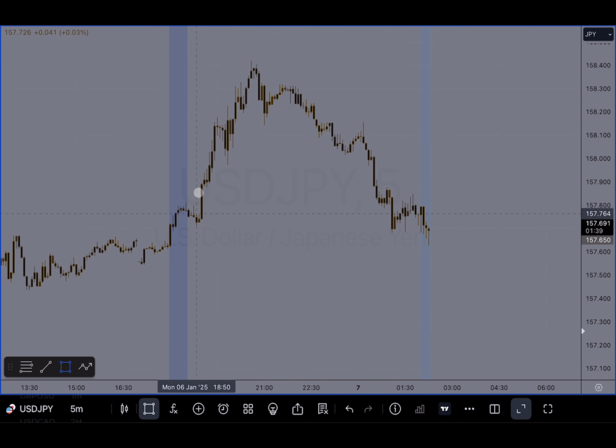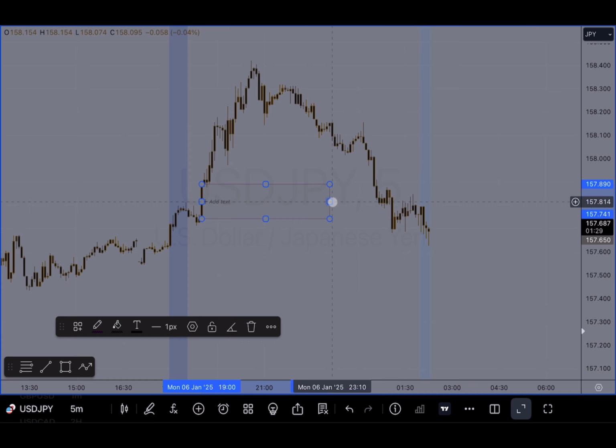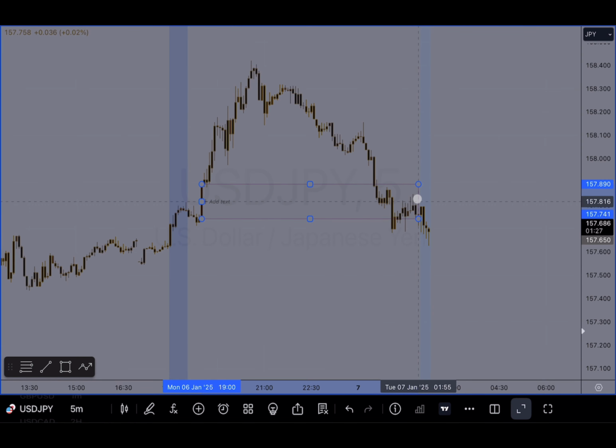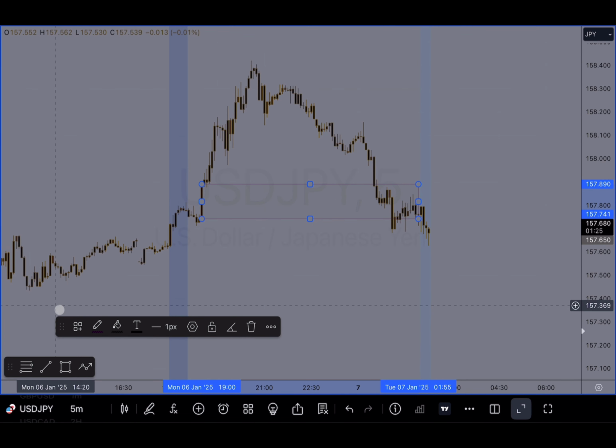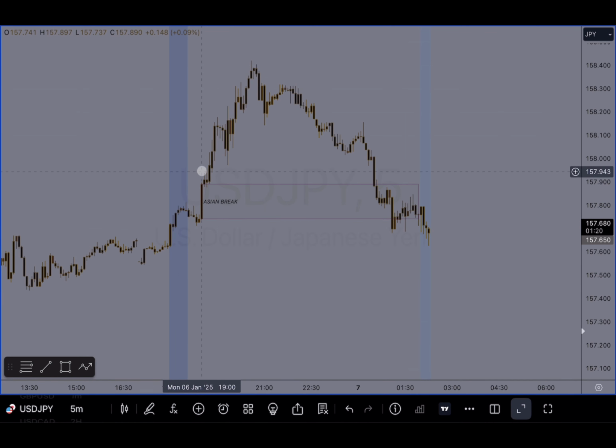We have the break right here being very conspicuous, you guys. It's not even trying to hide itself from us like the one on the higher time frame. This one is very clear and obvious, so we're going to select that and label it as our Asian break.